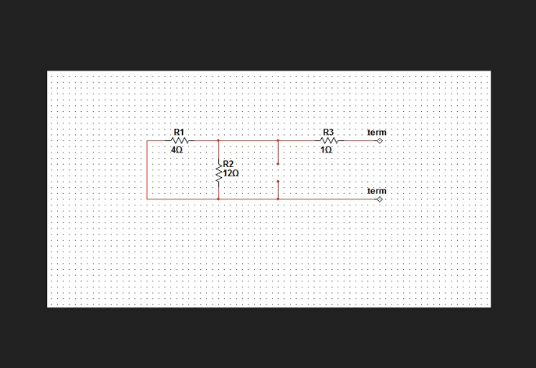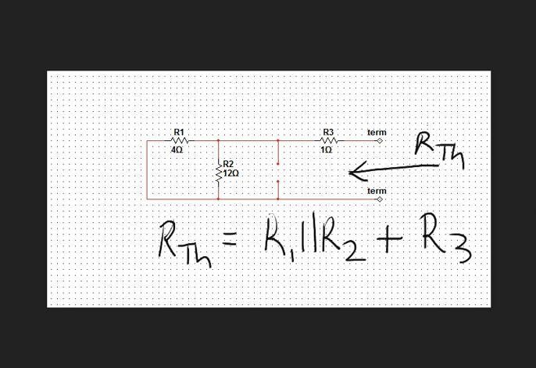So having removed all the sources, we are now able to calculate R Thevenin, or the equivalent resistance present in the circuit. As you can see from the formula here, R Thevenin will be equal to the parallel branch, which is R1 parallel to R2, and the series resistor R3.